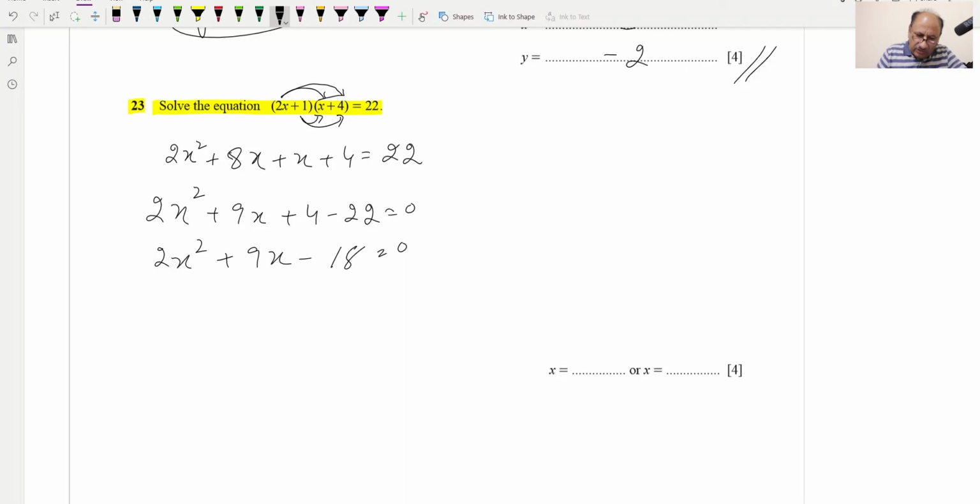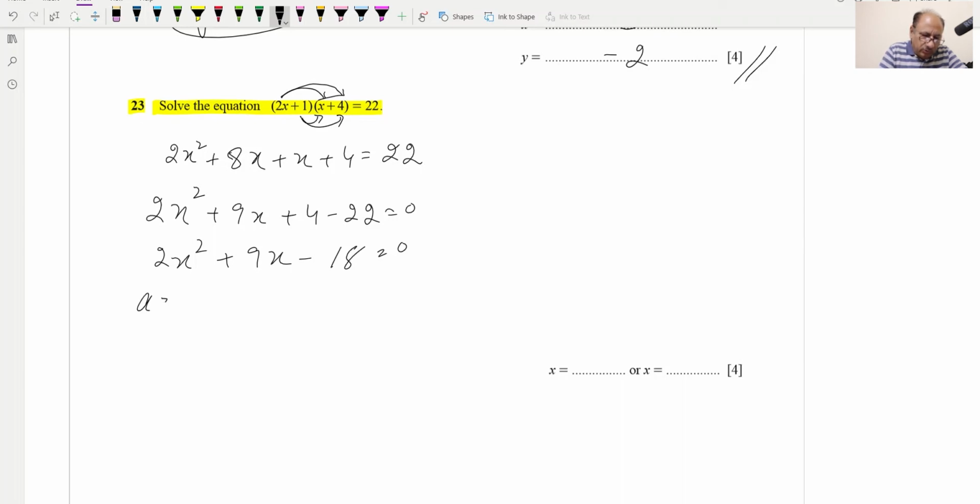And now we can make the factor pairs. Okay, so we can apply the quadratic formula.